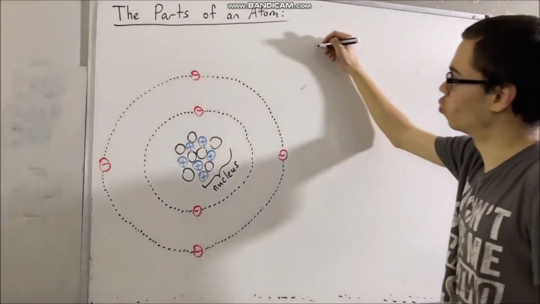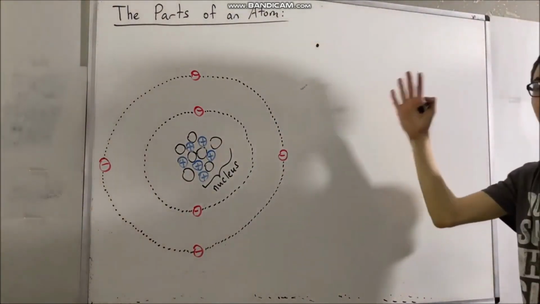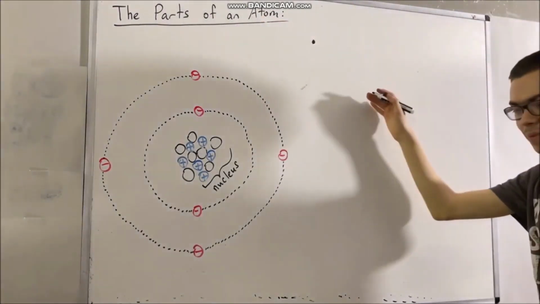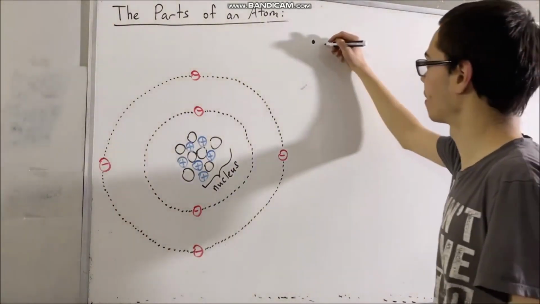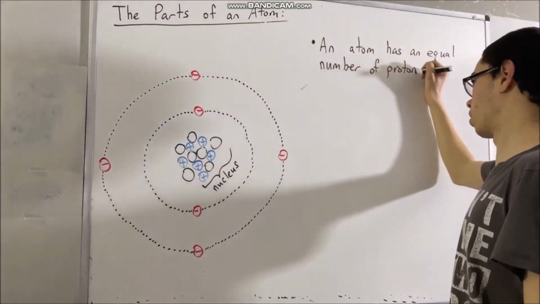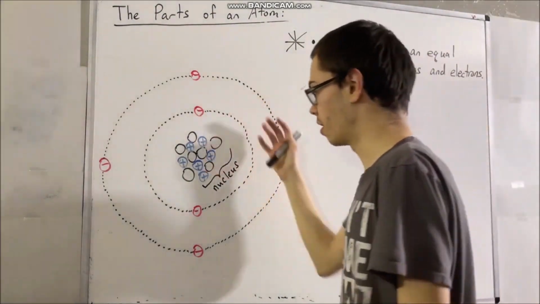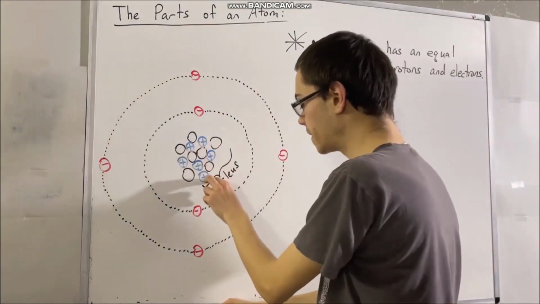Now, there is actually one more thing I would like to talk about, and this is actually a key idea of an atom. An atom has an equal number of protons and electrons. And this is true in what we drew here. If we count the total number of protons, we see we have 1, 2, 3, 4, 5, 6 protons.